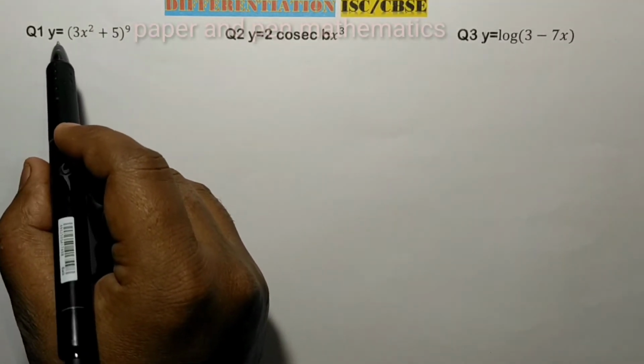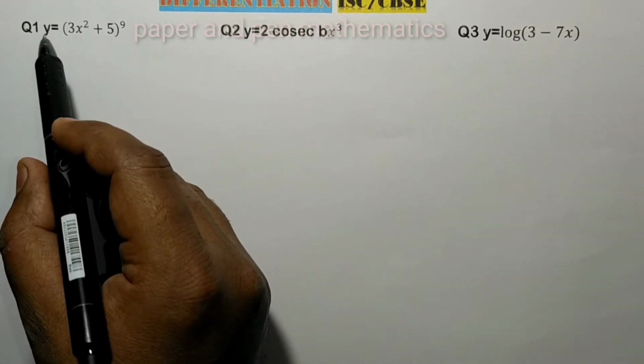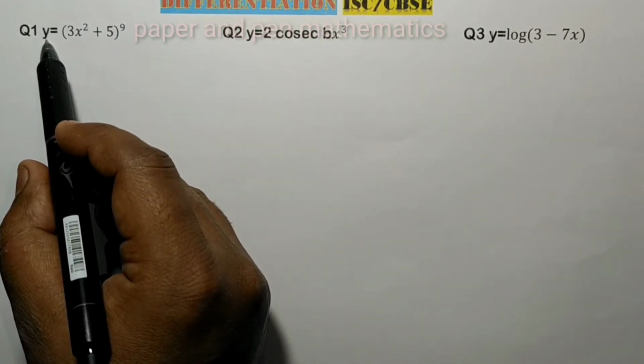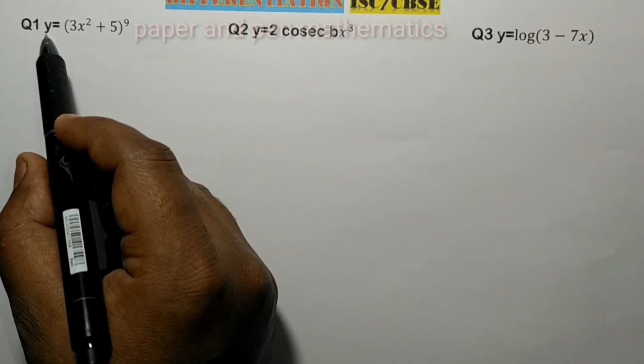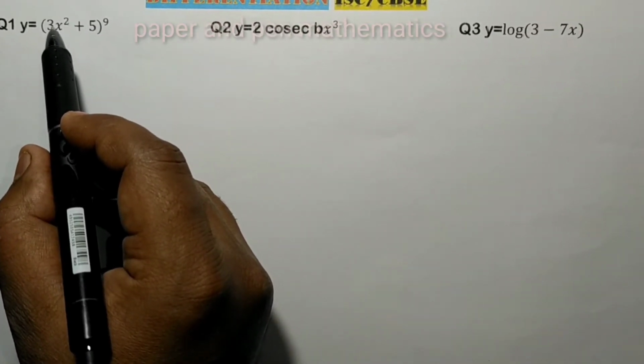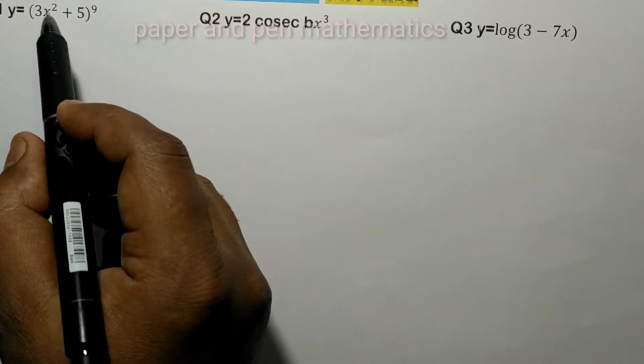Now over here they have given one question. The question is y is equal to 3x square plus 5, where y is the dependent variable and x is the independent variable. The value of y, or else you can say the answer of y, depends upon the value of x. So y is a function of x.